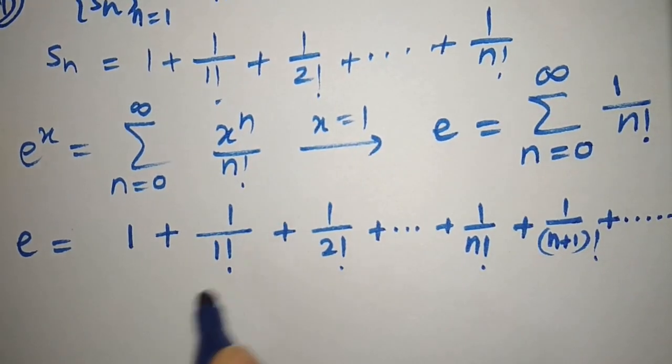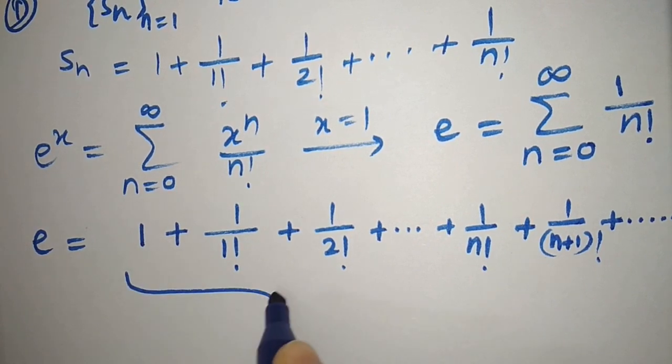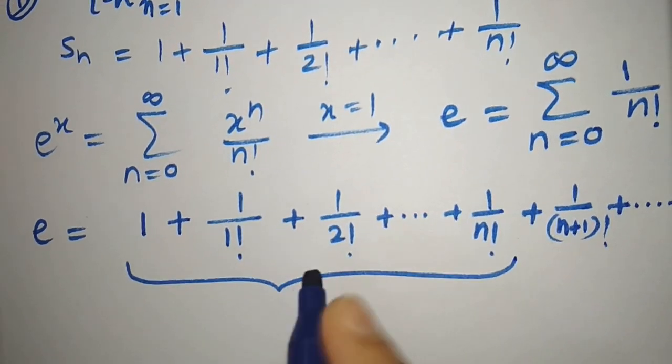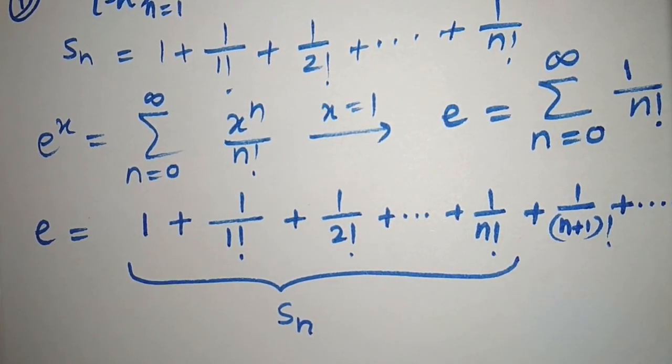Now just note that the sum up to 1 by n factorial is just our Sn, correct?